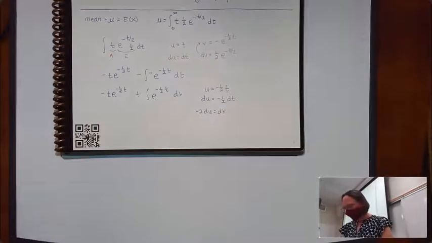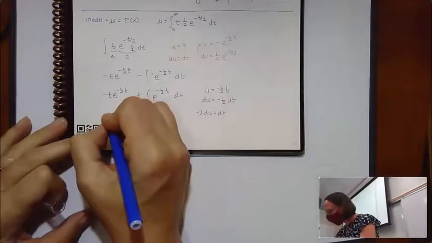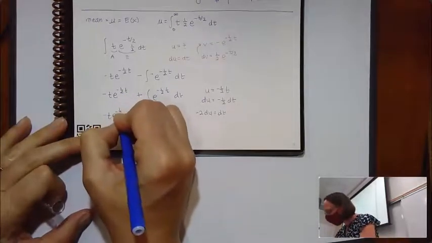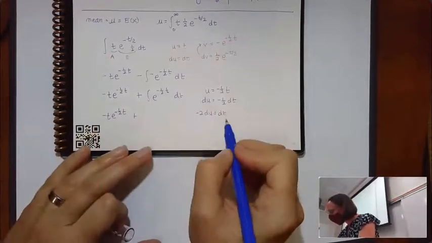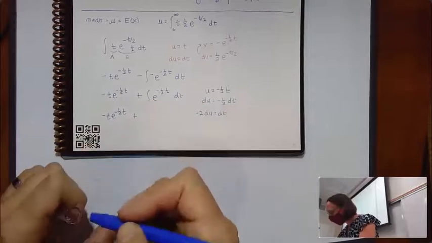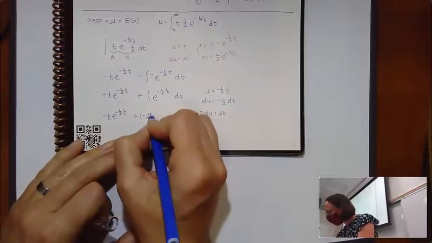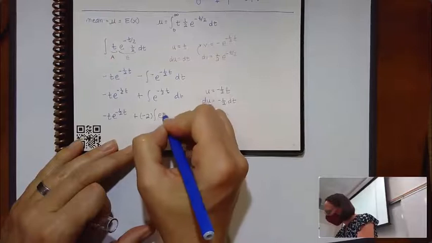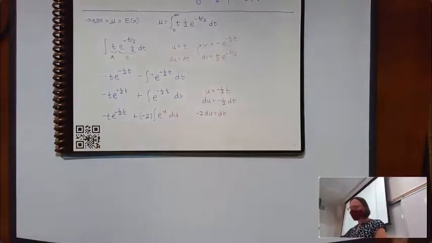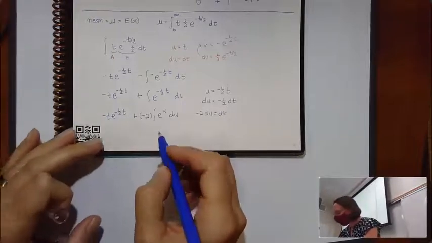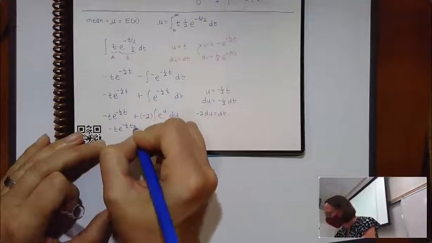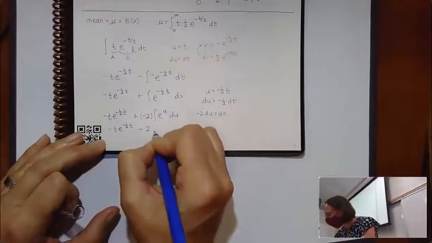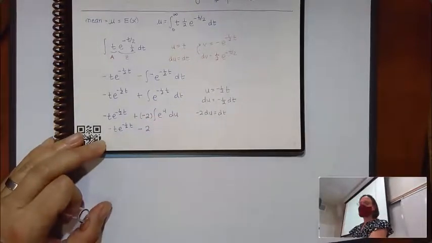This piece we're leaving alone: negative t e to the negative 1/2 t. This piece we're doing our u sub on, and that dt is getting replaced with negative 2 e to the u du. That thing I can integrate. Negative t e to the negative 1/2 t minus 2 times the integral of e to the u, which is just e to the u.